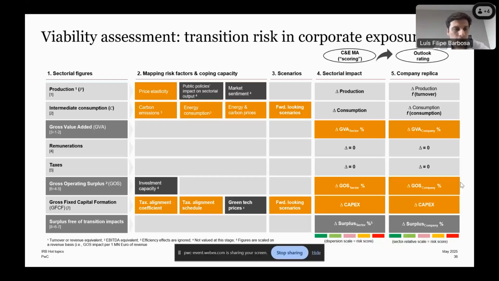We know what could be the impact in terms of increase of interests. We know what could be, at the end of the day, the impact on the key P&L metrics. And that would allow you precisely to work on the outlook of the rating.